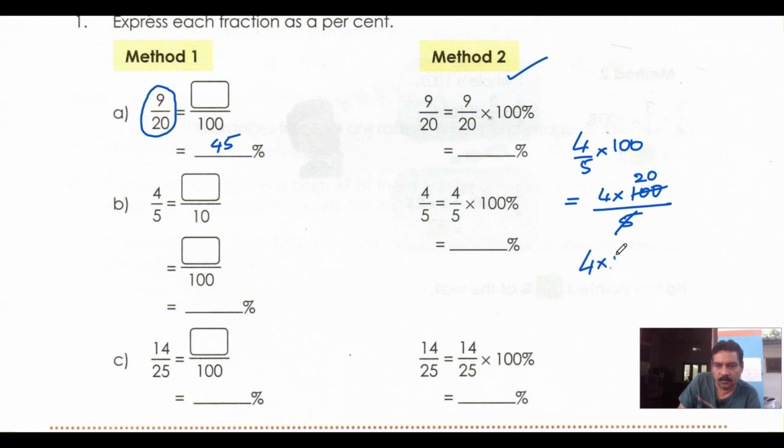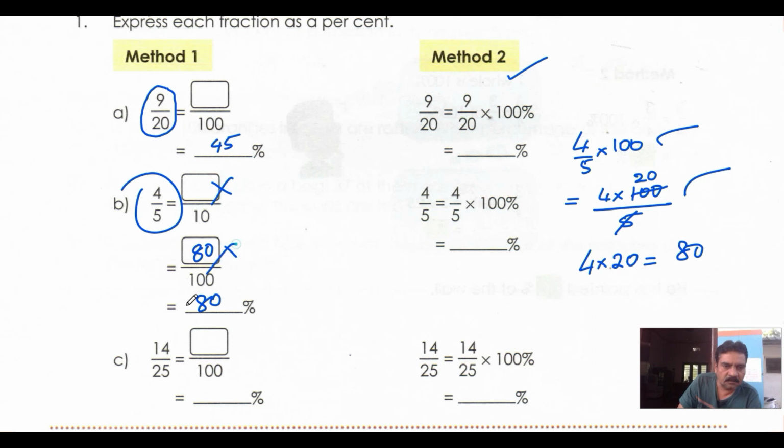Then 4 into 20 is equal to 80. So this is your 80%. You copy the question and then you follow these steps. Don't copy these things. Okay.